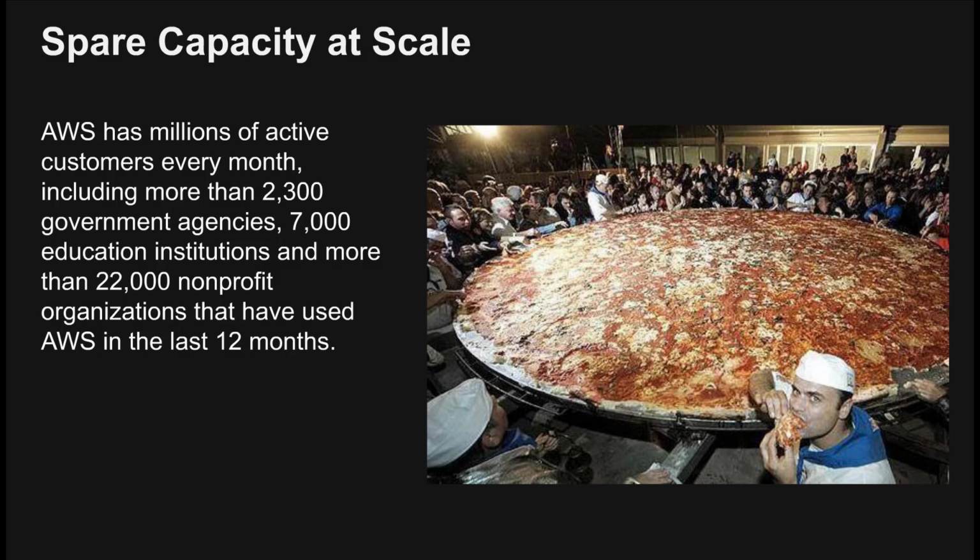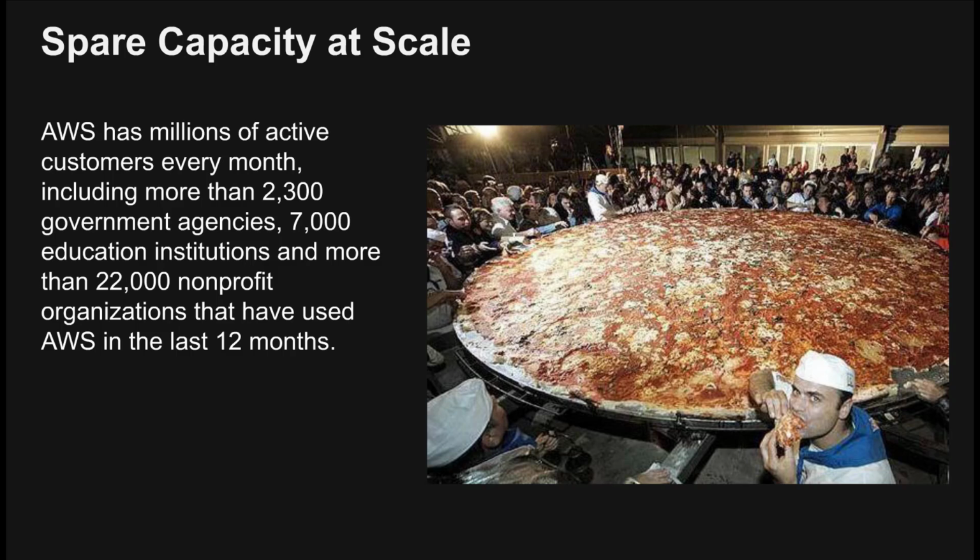So let's dive into this a bit. We have a lot of customers running workloads on AWS, millions of active customers every month. So what does this mean? We need to have a lot of extra capacity sitting around in our data centers to allow our customers to spin up workloads on the fly, on demand, scale up, scale down, whatever our customers need. We need to give them the ability to spin up their resources.